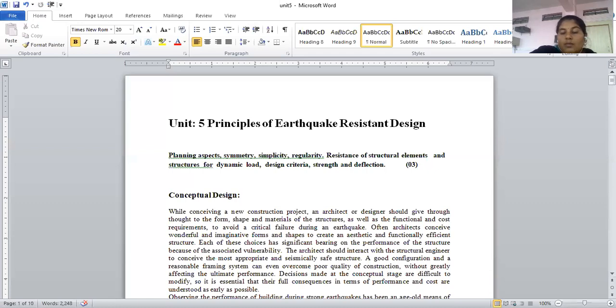Based on these parameters, they have given the chapter the name principles of earthquake resistant design. I hope all of you have understood. These are very important because we have to go for an earthquake resistant building.